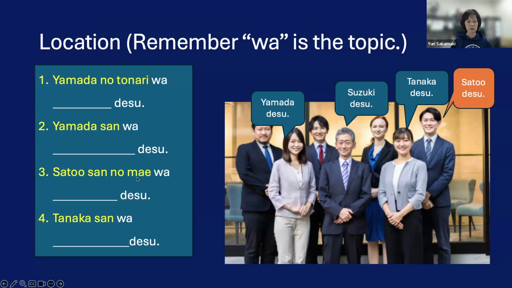So I want to talk about someone who is in front of 佐藤さん。佐藤さんの前は、okay, we know her name, 田中さんです。佐藤さんの前は田中さんです。Or if we're going to talk about 田中さん、田中さんは、there are a couple of different sentences you can make. 鈴木さんの右です。or 佐藤さんの前です。as we made before.